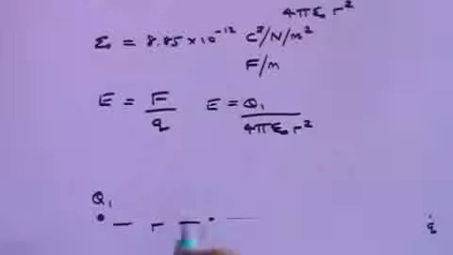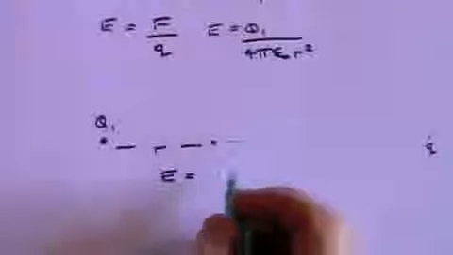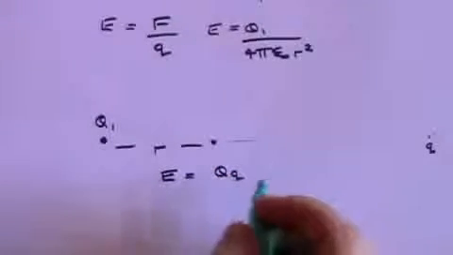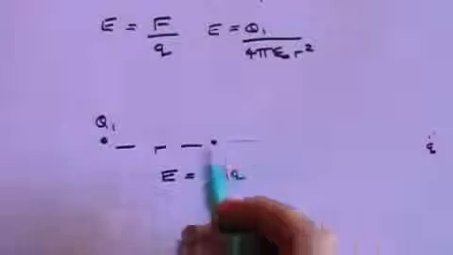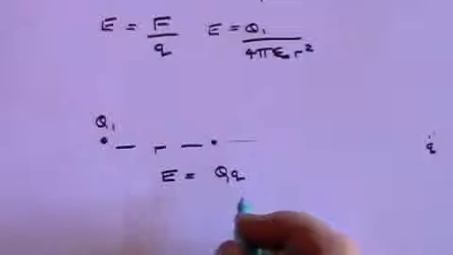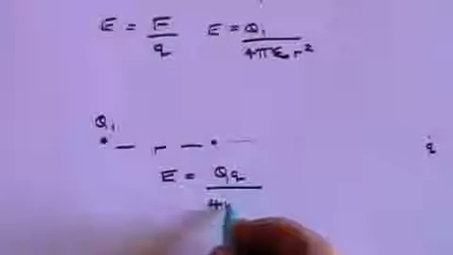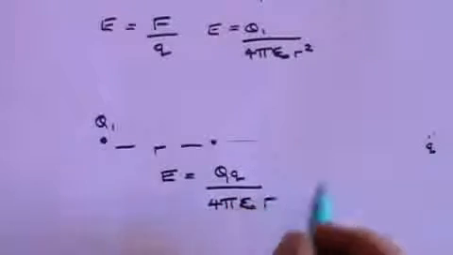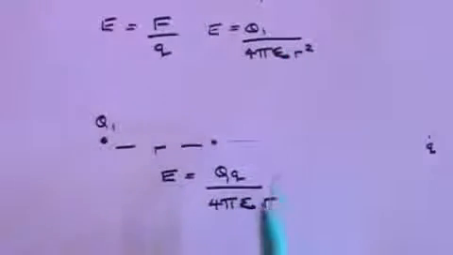And the electric potential energy to bring that charge to that point, overcoming the repulsive force, is equal to Q1 times the test charge, little q, divided by 4 pi epsilon naught r. Not r squared as up here, but now just single r.